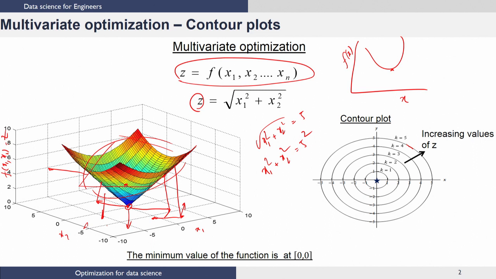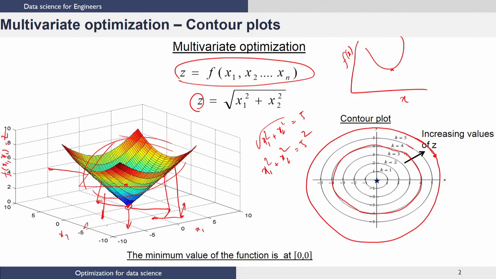Similarly, if you say k equal to 4, you will get this contour plot, and k equal to 3, k equal to 2 and so on. Now, an interesting thing to notice is if I start with some decision variable values here, and let us say I want to improve my objective function, I know that if I pick a contour like this and keep moving on this contour, I am not going to make any improvement to my objective function value.